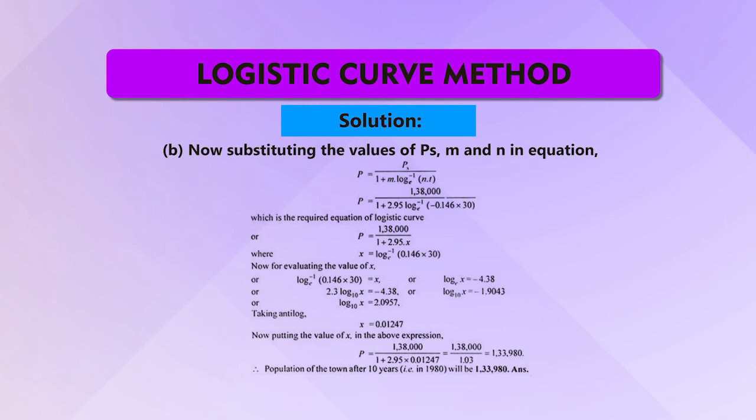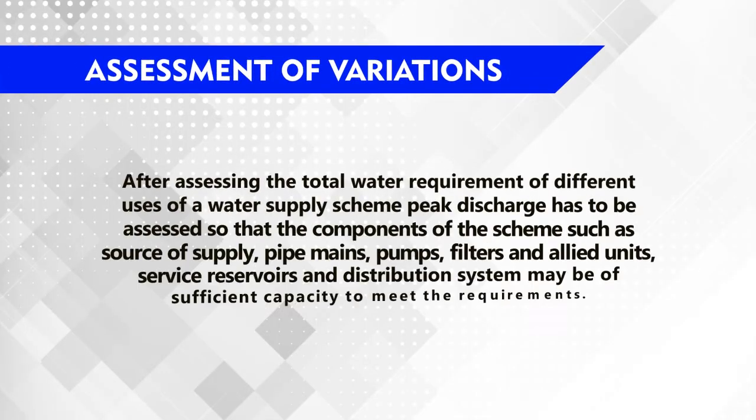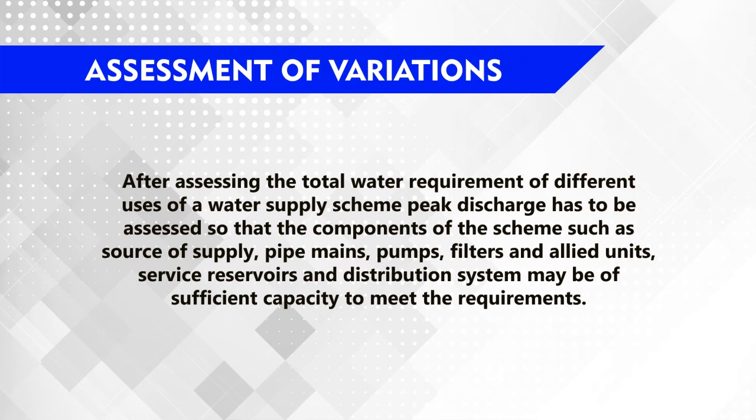After calculating the value of x, we put it in the same formula: P is equal to Ps divided by 1 plus m into log inverse log n into t. We keep all values here, then get the answer. P in 1980 is equal to 1,33,080.